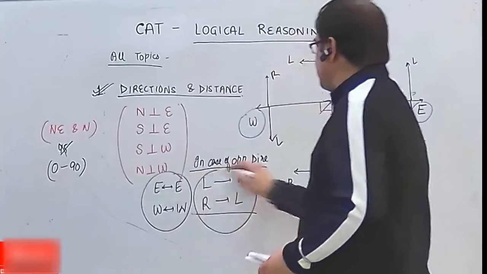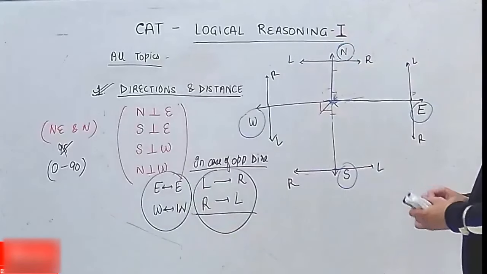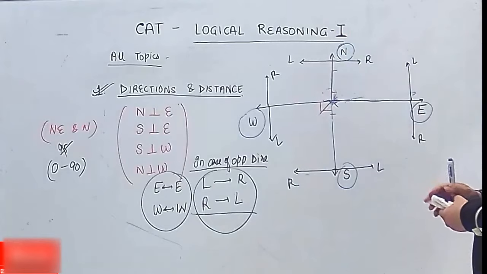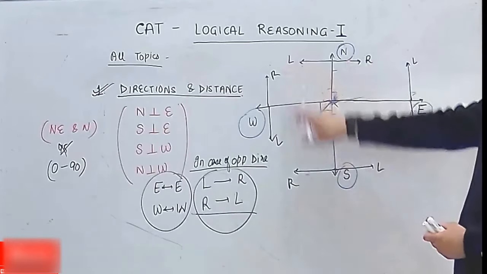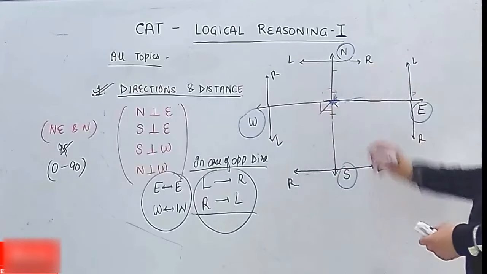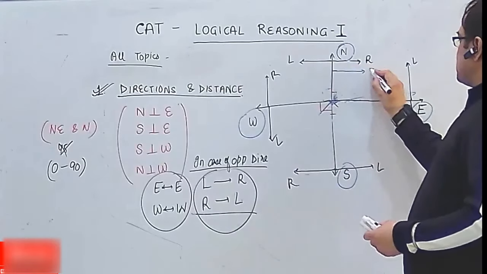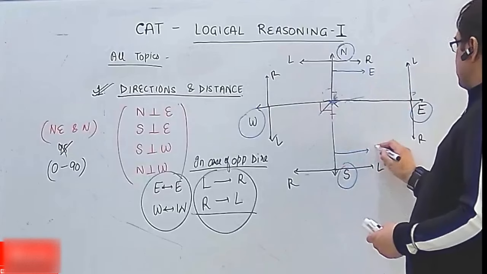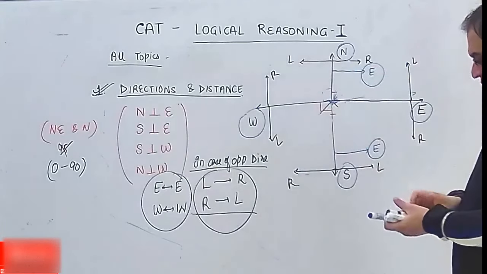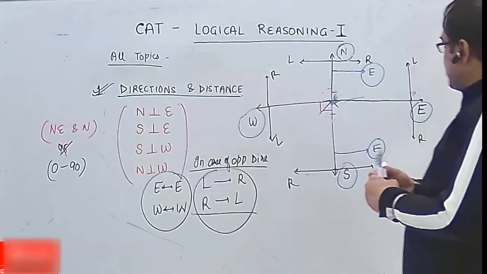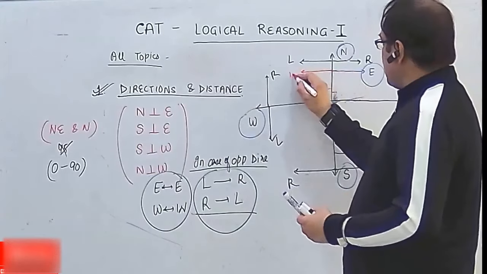This is the foremost thing that we will be understanding: for north and south, left becomes right, right becomes left. But for north, east is this way. For south, east is again this way. So for east, they need to turn in the same direction. And for west also, they'll be turning here.